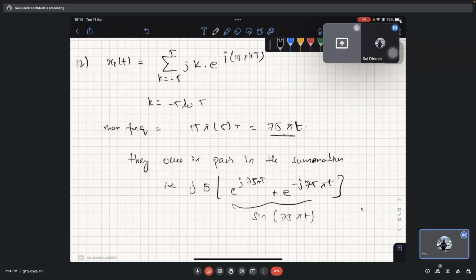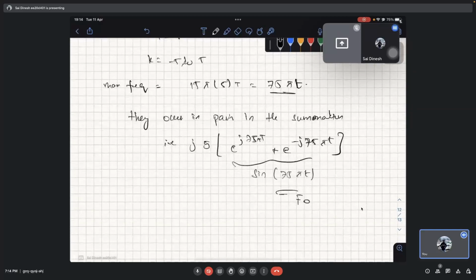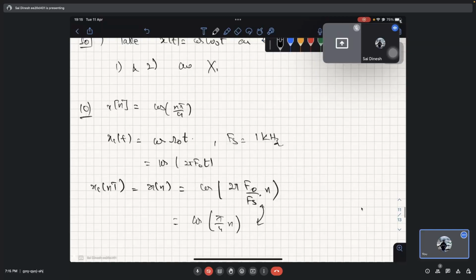So this is the maximum frequency. What is fs? This is what needs to be found out, right?